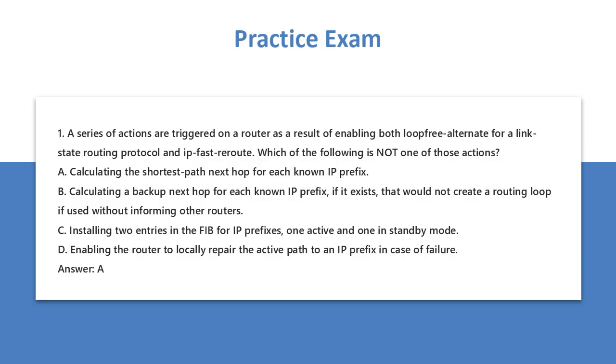B. Calculating a backup next hop for each known IP prefix, if it exists, that would not create a routing loop if used without informing other routers. C. Installing two entries in the FIB for IP prefixes, one active and one in standby mode. D. Enabling the router to locally repair the active path to an IP prefix in case of failure. Answer: A.